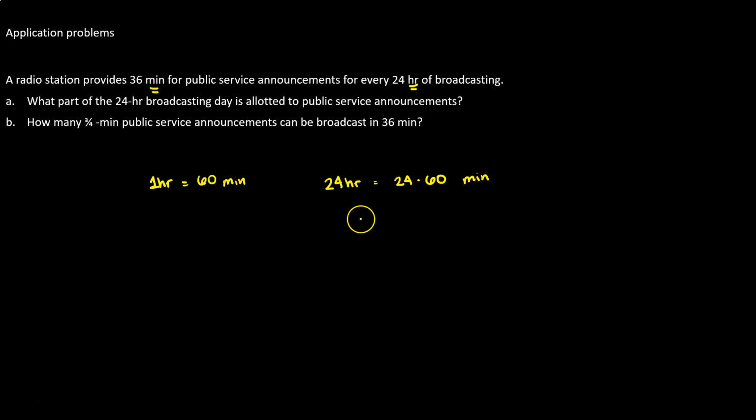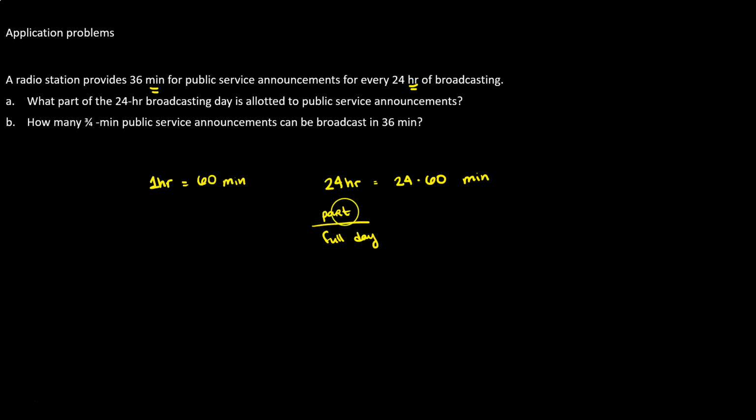We're talking about a portion of the day, so we want some part out of the full day. So in that sense, we know that a full day is going to consist of 24 times 60 minutes.